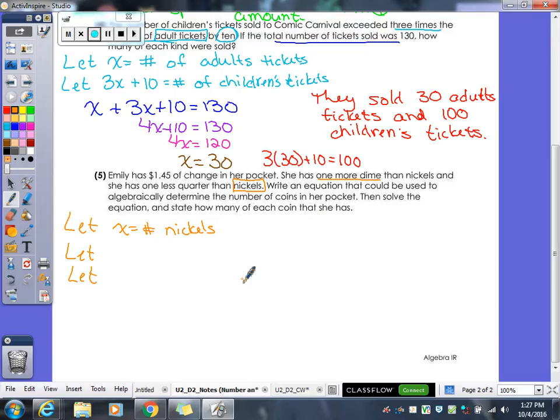So what would our dimes be if she has 1 more? x plus 1. And then she has 1 less quarter than nickels. x minus 1. There we go. There's our let statement.